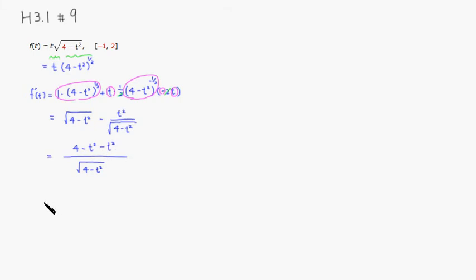So this is going to be 4 minus 2t squared. I'm going to pull out 2, so it's 2 times 2 minus t squared, then over the square root of 4 minus t squared. So we have that.